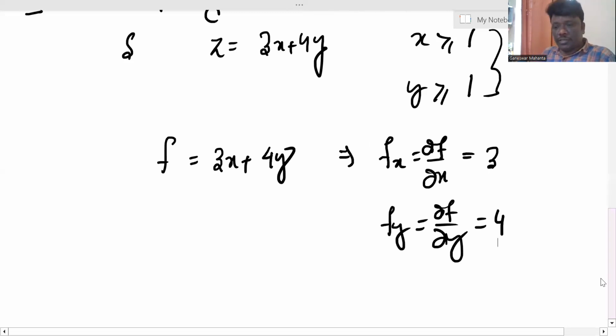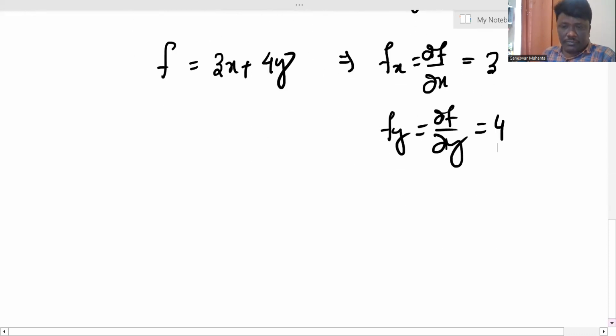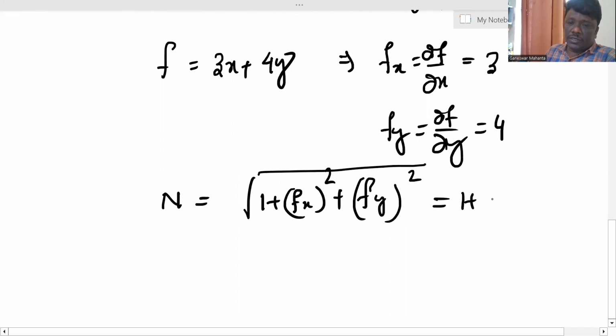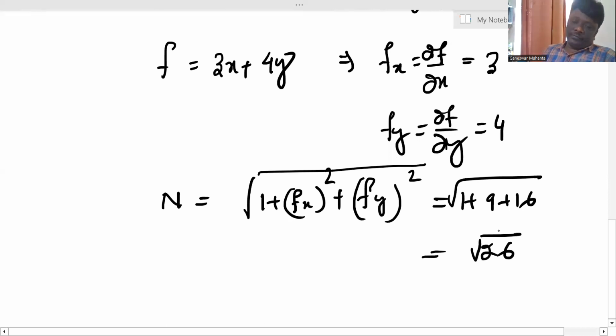We evaluate the capital N using this formula: N is the root of 1 plus fx squared plus fy squared, which is equal to the root of 1 plus 9 plus 16, that is root 26. So this is the n value.